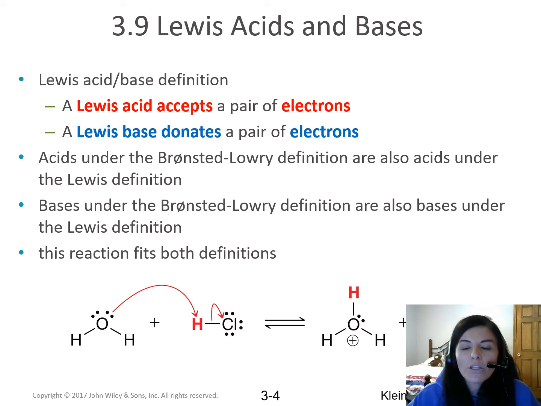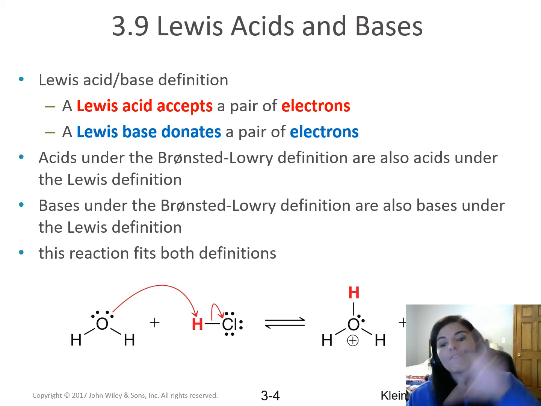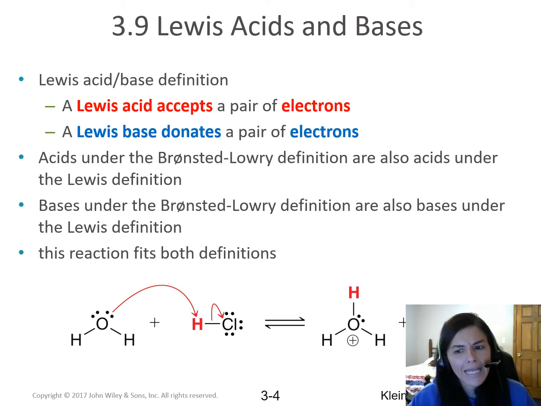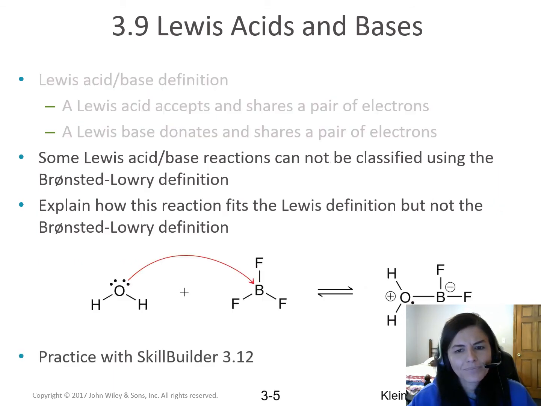However, there are some Lewis acids and Lewis bases that do not fall into the Brønsted-Lowry category. Here, again, remembering that our Lewis acid accepts and shares a pair of electrons, we can see that our boron compound is going to be our Lewis acid, this guy right here, because he is accepting a pair of electrons from the oxygen.